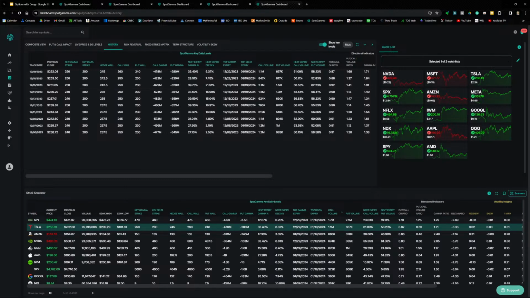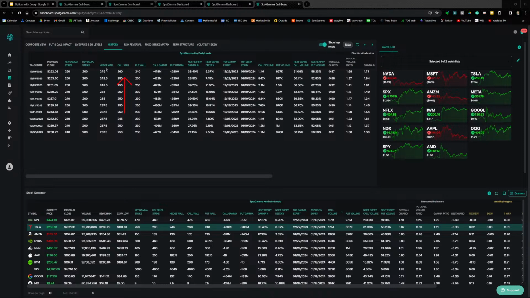All right, so the call wall did shift higher to 260, with the hedge wall remaining at 254. This is the history of the key daily levels for the last 10 days. Note that the call wall was at 250 for a number of days, and then shifted up to 260.